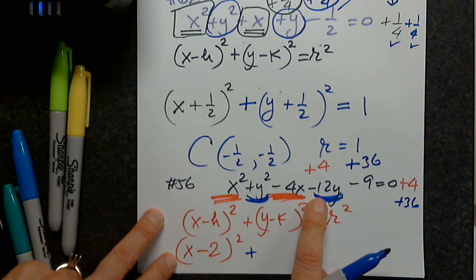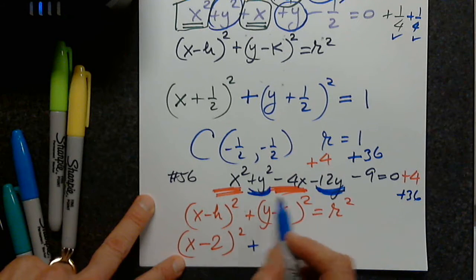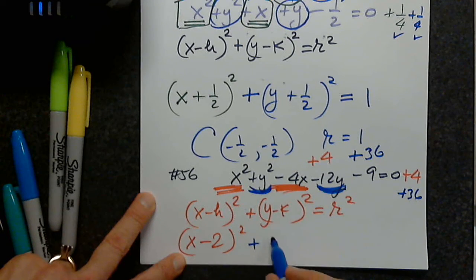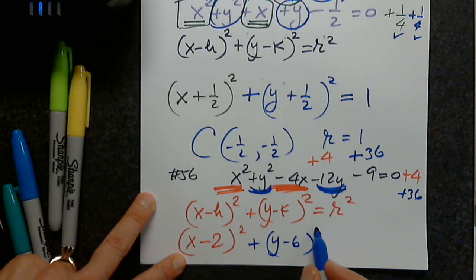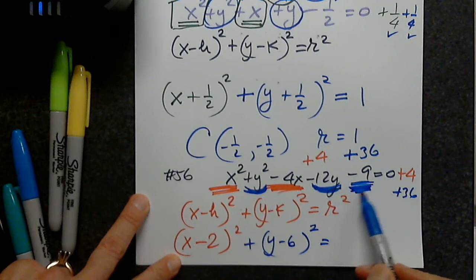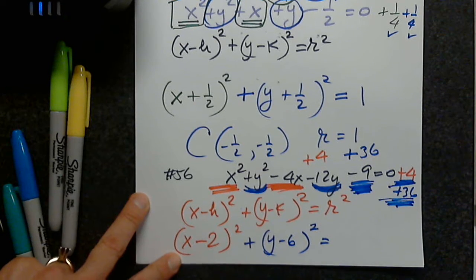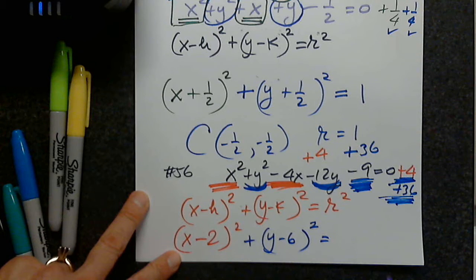The middle coefficient divided by 2 is -6. -6 squared is 36. That's what I have to add to both sides. So what do I get now in blue? Y minus 6, indeed, everything squared. Good. Now here's what is left. This is left, this is left, and this is left. And they all have to be on one side.